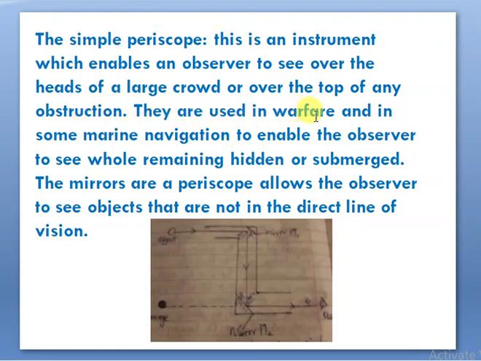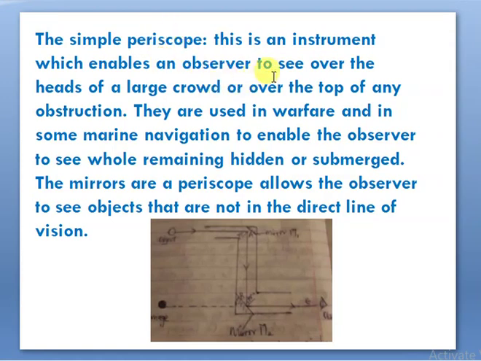They are used in warfare and in submarine navigation to enable the observer to see while remaining hidden or submerged. The mirrors in a periscope allow the observer to see objects that are not in the direct line of vision. So you can see the image of your periscope. We use it to view obstacles.